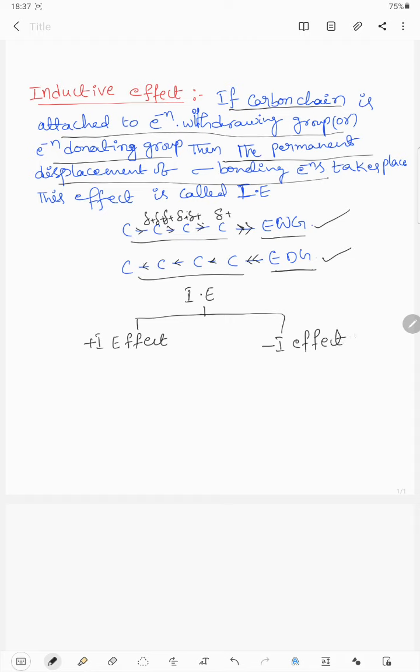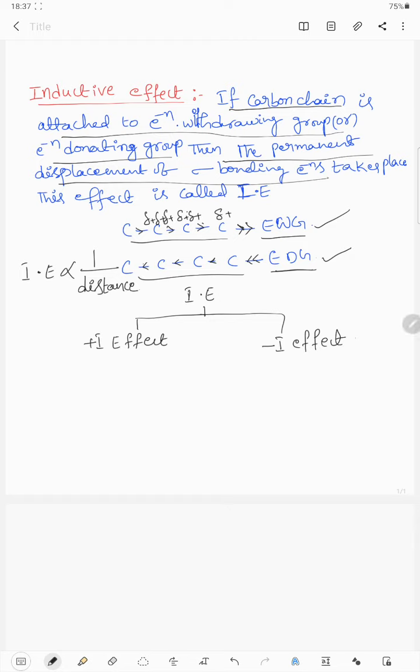One more relation we need to discuss before going to the categories. The inductive effect depends on distance. See, if the carbon chain distance is more, then the inductive effect is less. As the length of the carbon chain increases, the inductive effect decreases slowly.